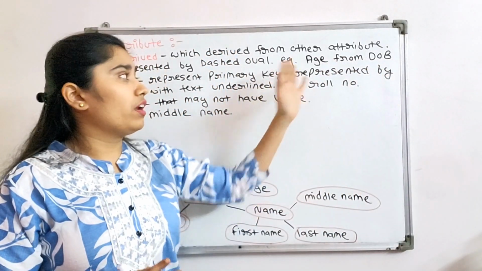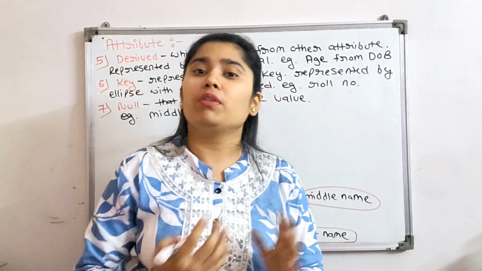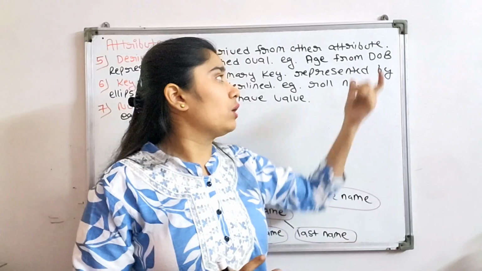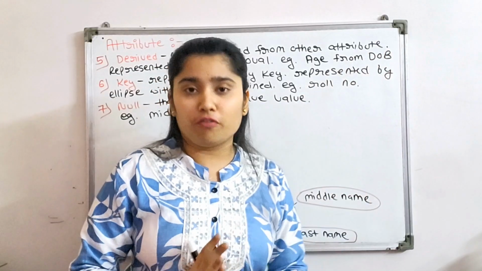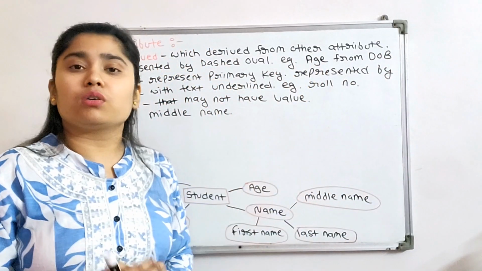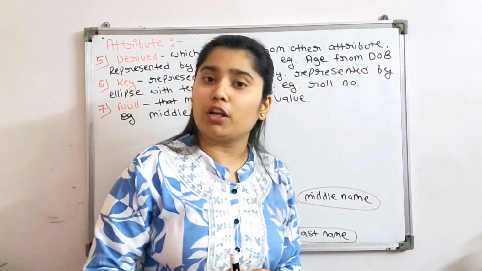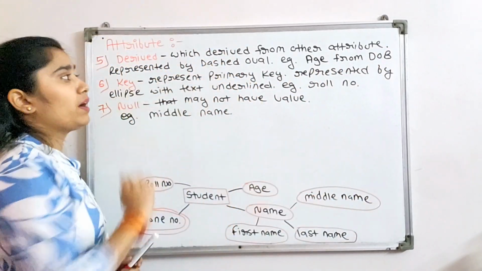Like our age, we can calculate it from the date of birth. If we want to calculate any person's age, we can do so if we know the date of birth. So here the age is called the derived attribute, as it can be calculated from the date of birth, and it is represented by the dashed oval.